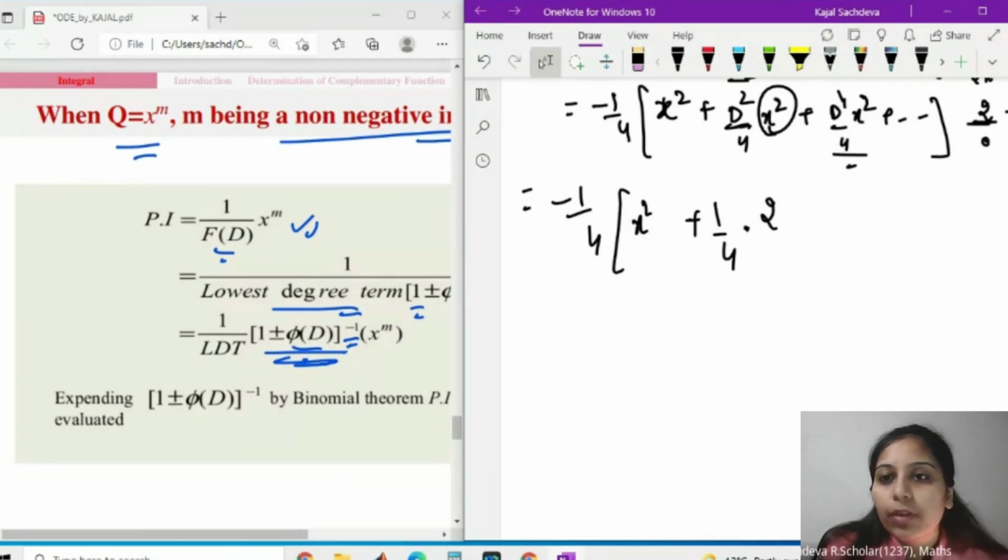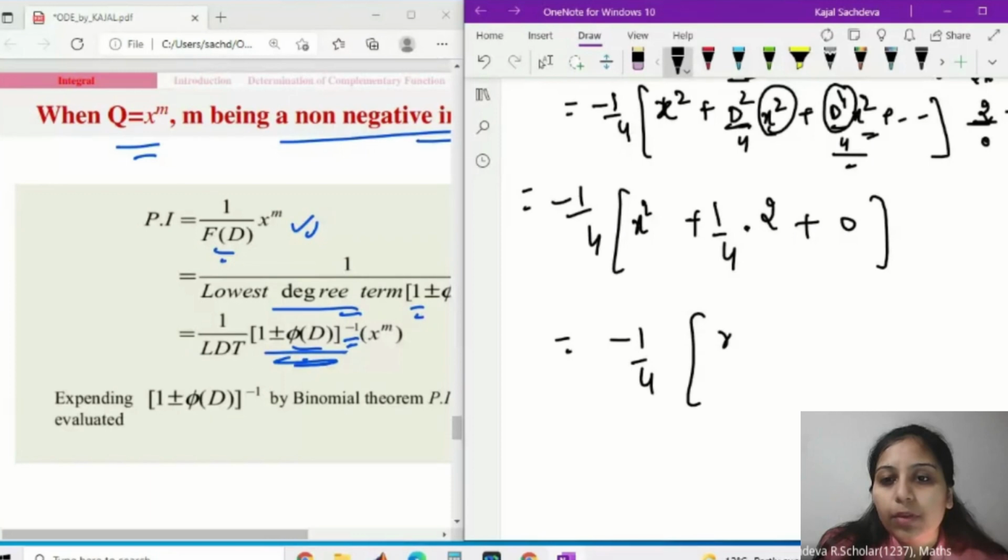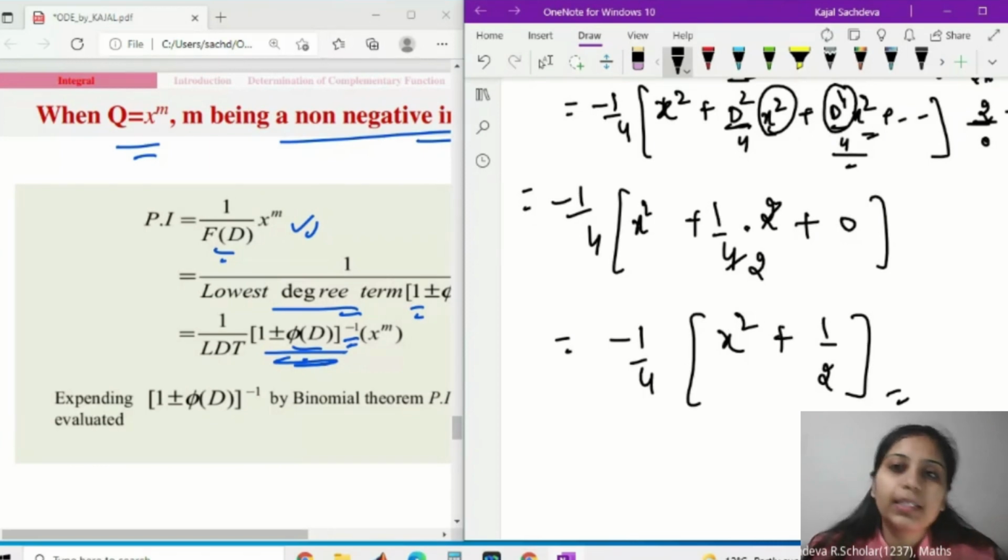And here we will do 4 time differentiation of x square, which is obviously 0, as we have seen only 2 time derivative is possible and further we get 0. So all other terms are 0. So we get minus 1 upon 4 (x square + 1 by 2 after cancelling). This is the required PI in the given case.